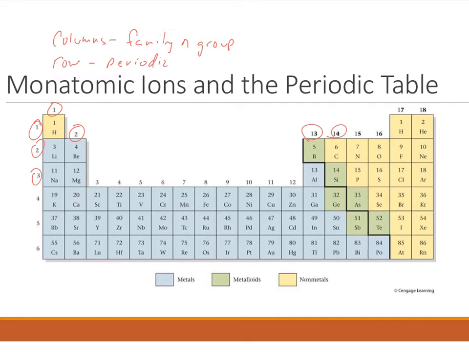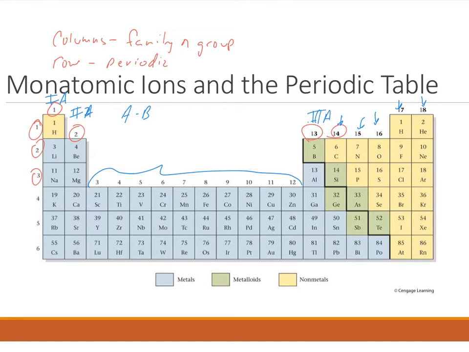This one shows the newer version where we number the columns 1 through 18. Older versions of the periodic table will use the A-B system, where this is Roman numeral 1A, Roman numeral 2A, Roman numeral 3A, 4A, 5A, 6A, 7A, and 8A. And then these are the B's, and we're not going to worry about the B's.